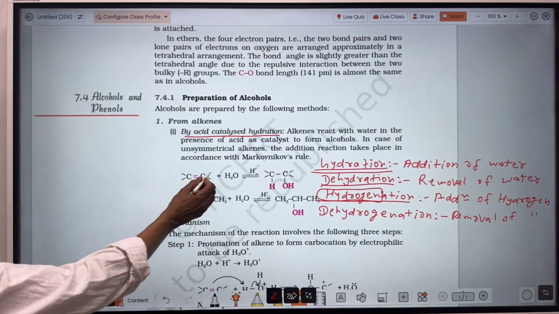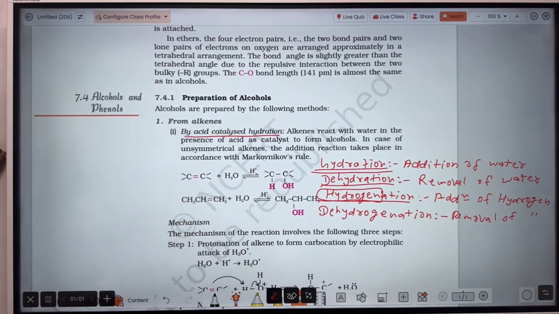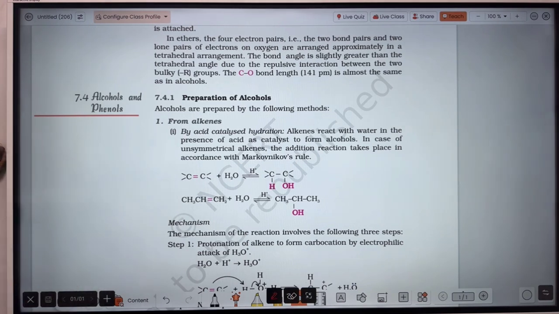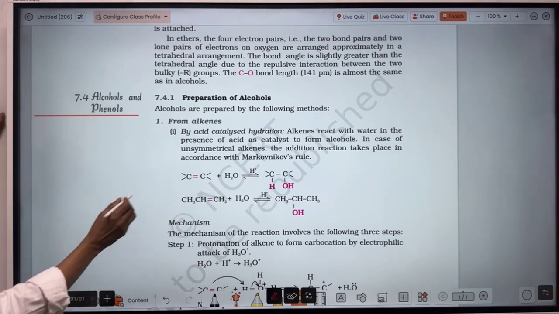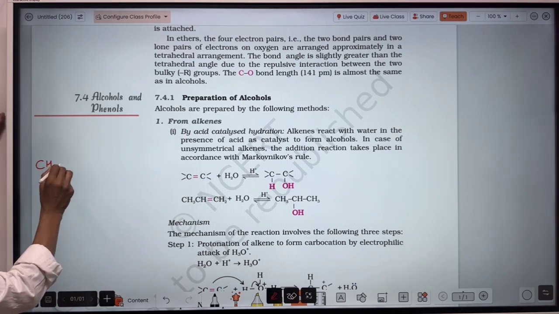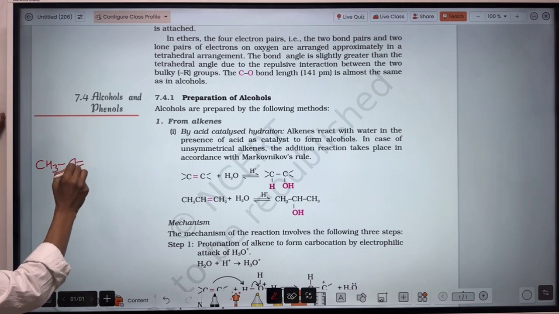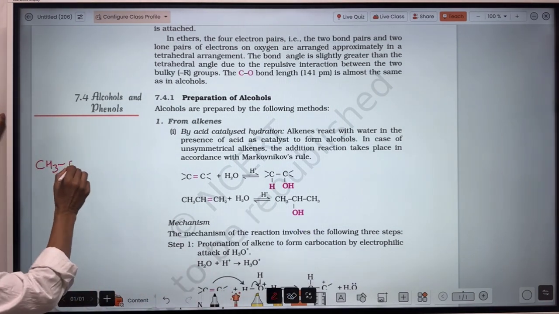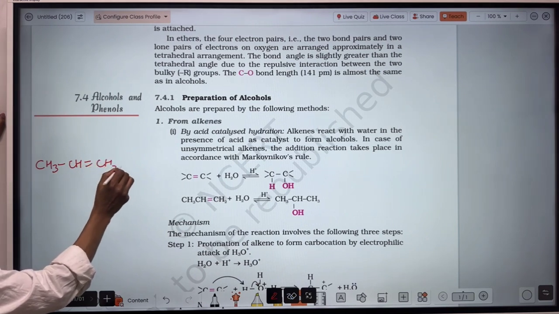Now let's see the reactions here. I shall tell you something in detail about these reactions. Let's take a different compound.